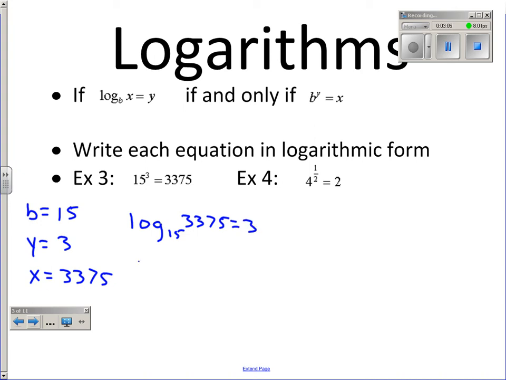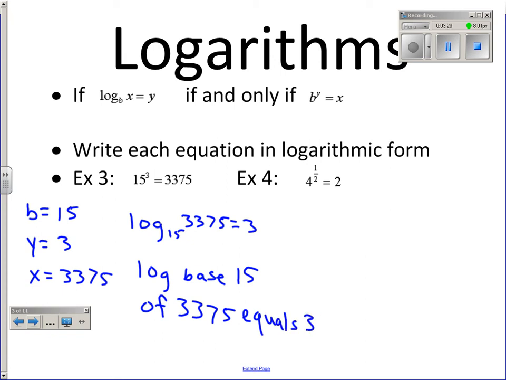We're going to read it log base 15 of 3,375 equals 3. Well, let's go to number 4.